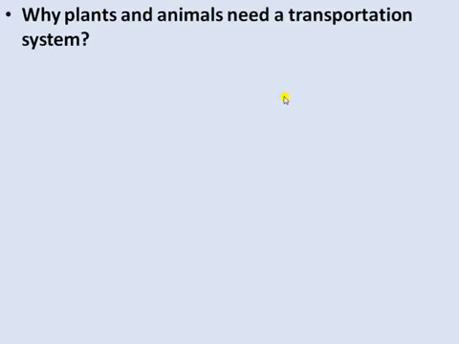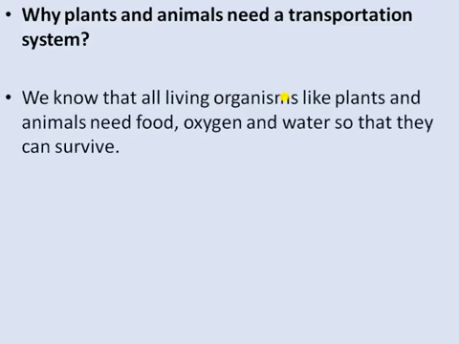Next is the third topic, why the plants and animals need a transportation system. We know that all living organisms, like the plants and the animals, need food, oxygen and water so they can easily survive.